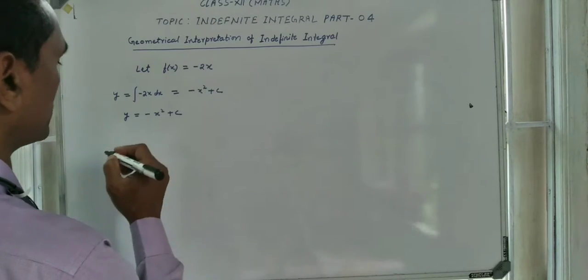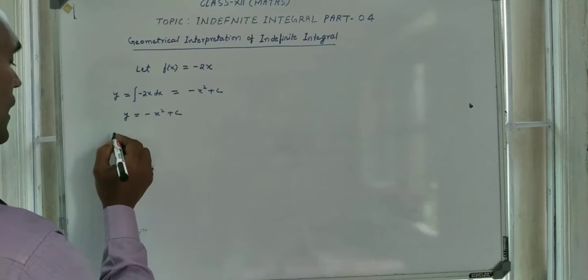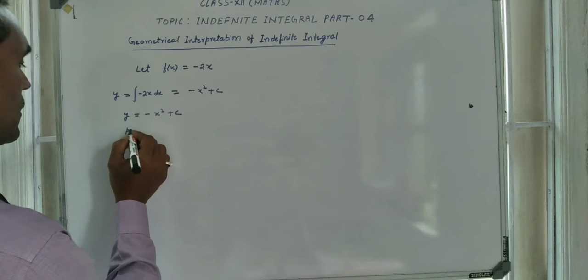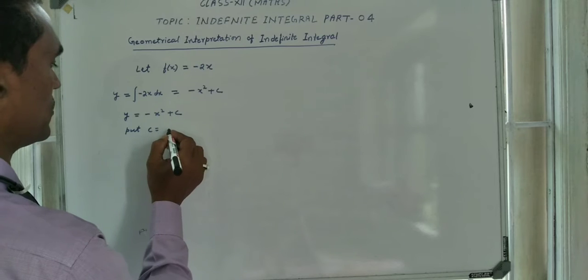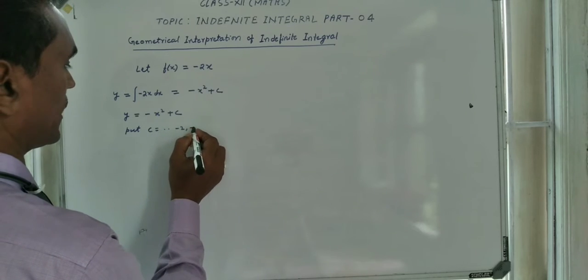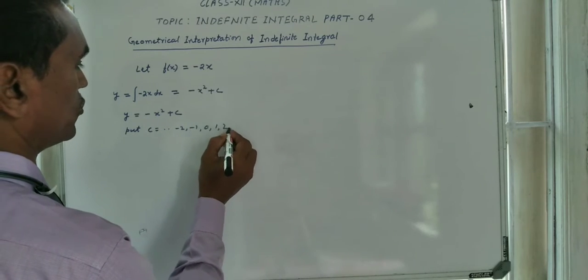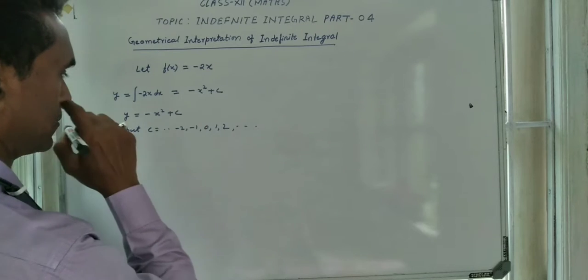For different values of c, we get different values of y. So put here some values of c: c equal to minus 2, minus 1, 0, 1, 2, and so on.